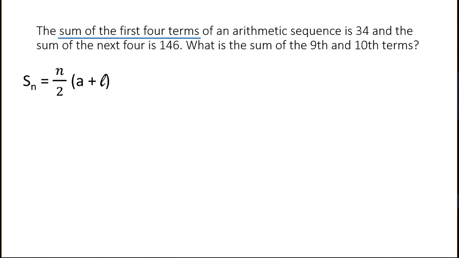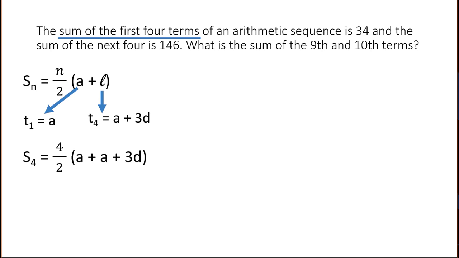Now I want to work out the sum of the first four terms. That first term was going to be A, and that last term is going to be the fourth term, which is A plus 3D. And n equals 4, I've got four terms there.